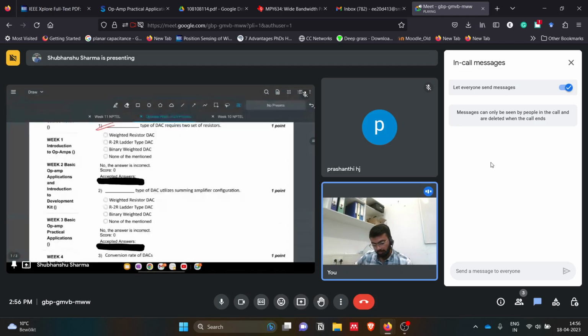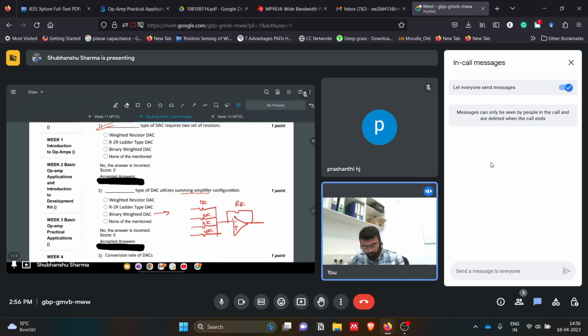Then we have: dash type of DAC utilizes summing amplifier configuration. If we see the binary weighted DAC, it is something like this. If we go for 4 bit, let's say 2k, 1k, 3k, 4k. These are all being summed together and given to this op amp.